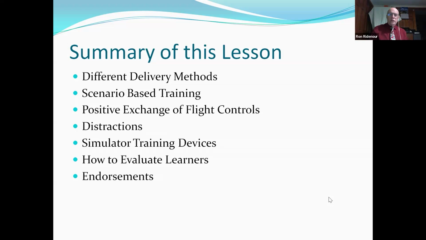Simulator training devices. The use of simulator training devices is growing, and I think it's an important piece of the puzzle, so to speak, of training. You can accomplish a lot in the training devices that we have today. They're amazing.